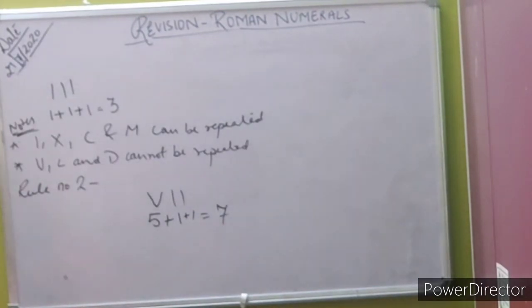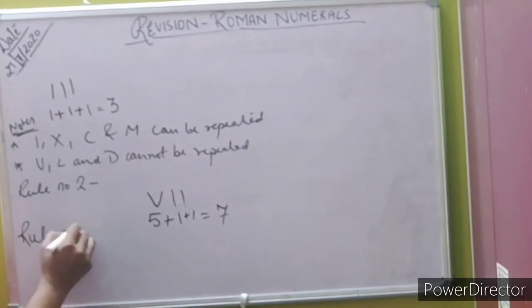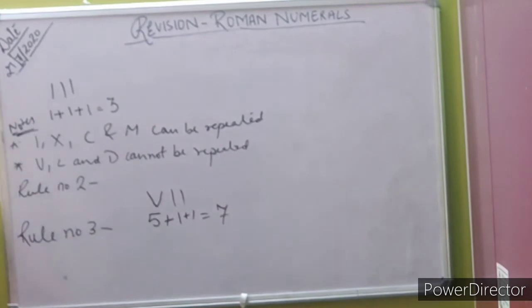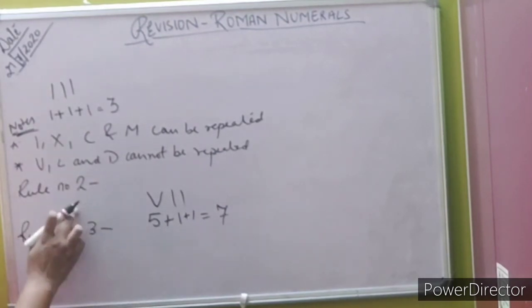Now rule number 3. A smaller numeral written to the left of a larger numeral. This is the opposite of rule number 2.